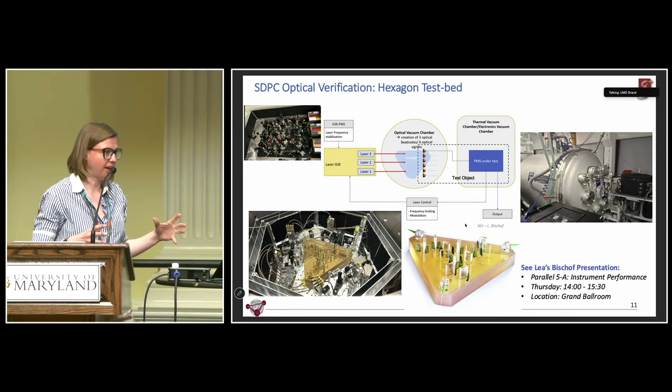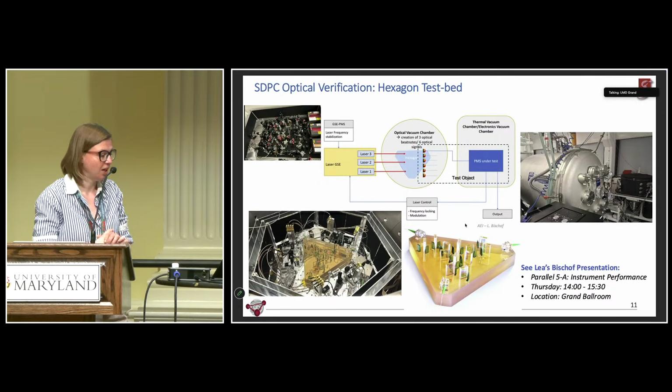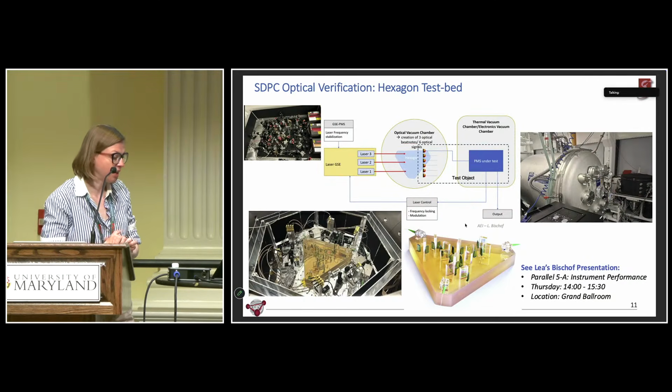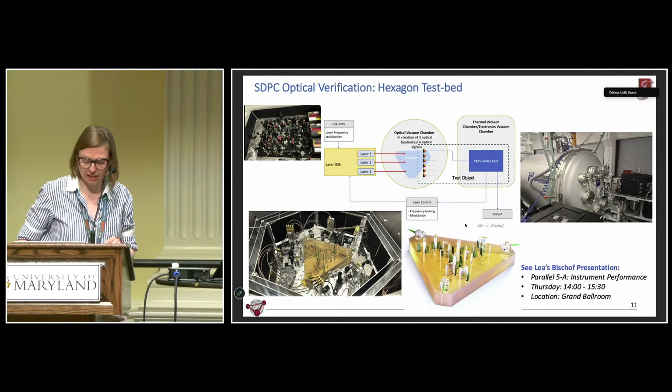That's where the phase meter under test is going to sit. The phase meter under test is connected to our laser ground support equipment to provide frequency stability, locking, and modulation for one of the lasers. The current laser preparation bench is also pictured here. More details about the setup, preparation, and its performance will be given tomorrow during the afternoon session by Leah Bischoff.